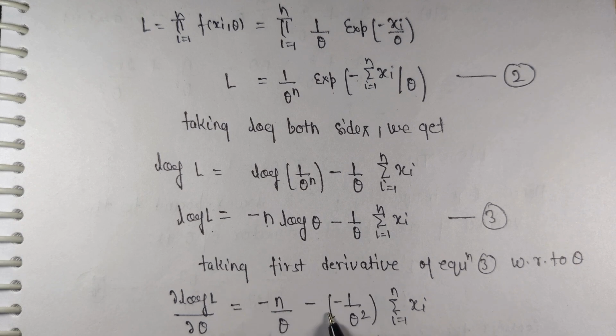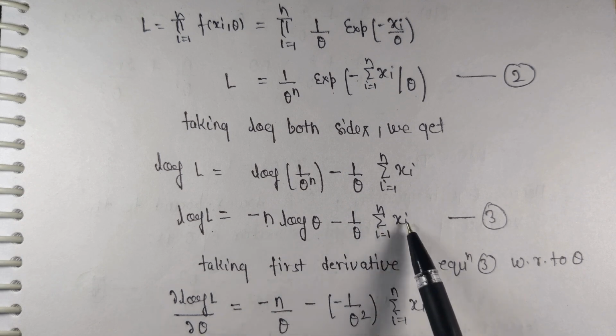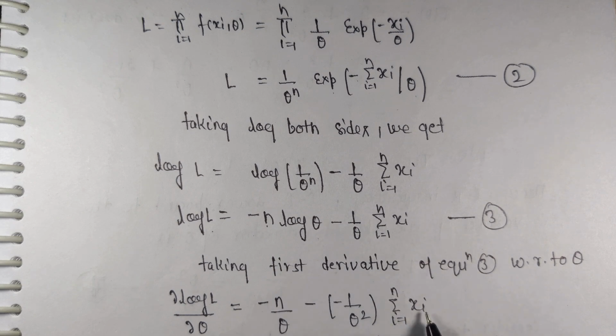And for the second term, summation of xi is outside, and the derivative of 1 upon theta with respect to theta is minus 1 upon theta square. Is it clear?